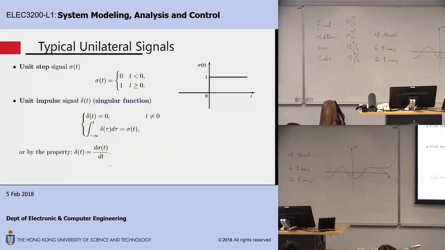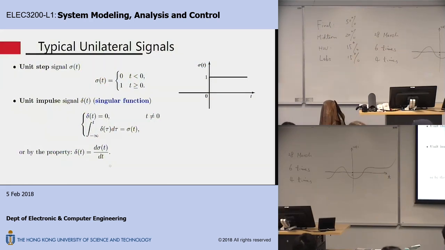Because this signal is, well, maybe we'll just look at it here, okay? Forget about this step. We just have a signal 0 everywhere here, 0 everywhere there. It just has something strange happen here at time 0.